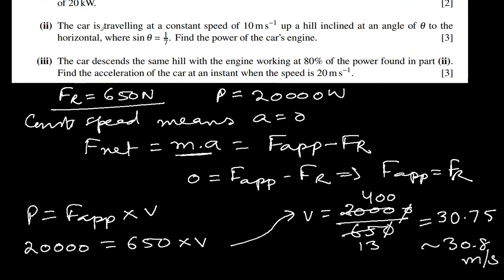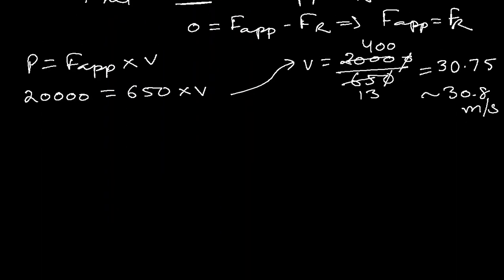Second part: the car is traveling at a constant speed again, 10 meters per second, up a hill inclined at theta degrees, where sine theta is this. Find the power of the engine. We'll use the same method again, but this time it is inclined. So this time it is trying to go up.